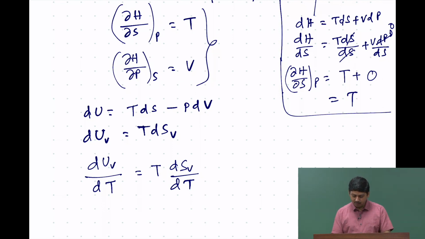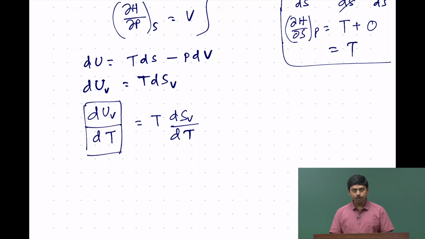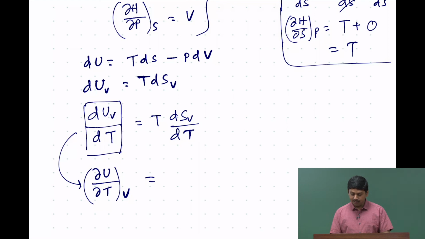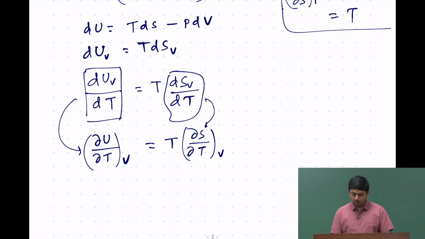Then this quantity that we wrote here is saying that there is a differential amount of change in U at constant V for a change in T. That is precisely nothing but del U by del T at constant V. So, these writings are equivalent, and on the right hand side we have T times del S by del T at constant V. Now, del U by del T at constant V is called Cv, the specific heat at constant volume.